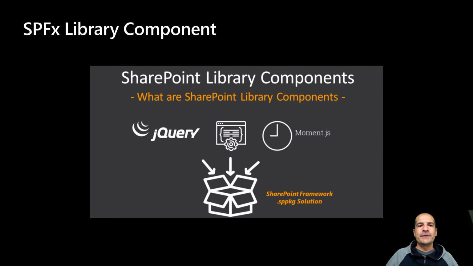Finally, we have another important piece of the capabilities, which is the library components. Instead of referencing the same library in different SharePoint Framework solutions, let's say that in a SharePoint page you have two web parts, and in these two web parts you have the same library.